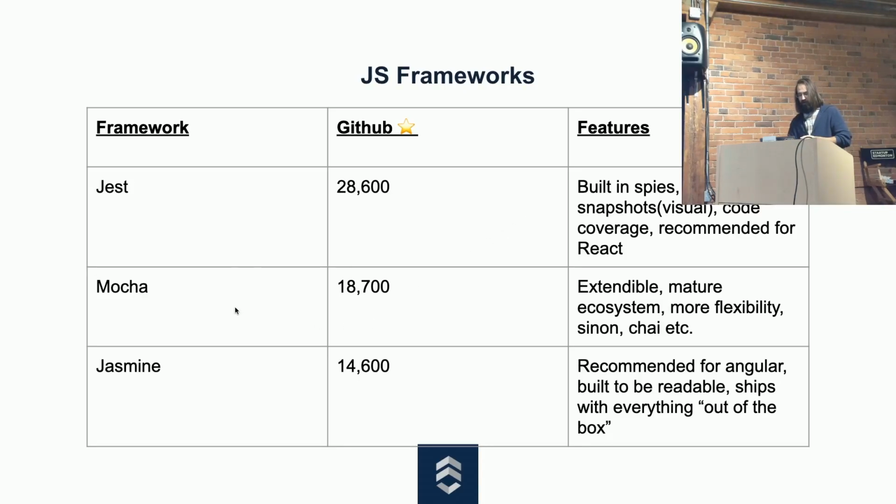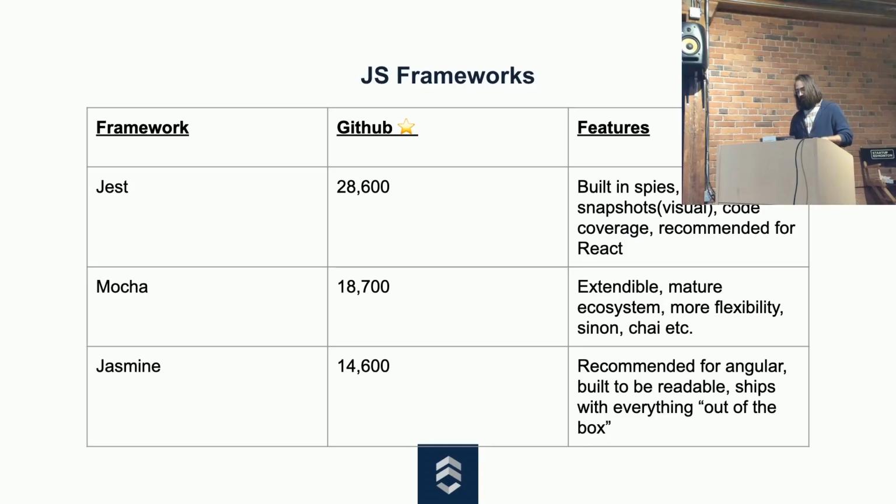Mocha. Okay, so Mocha is a little older, I think, although I couldn't find the initial release dates online. It has 18,000, but I think it probably is growing at a slower rate than Jest. It's super extendable, so it operates the way a lot of the JavaScript ecosystem does, where you can pull in different things that you want to use.